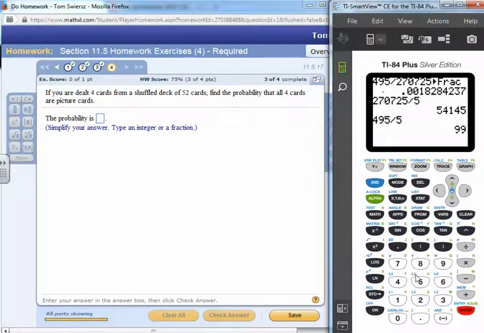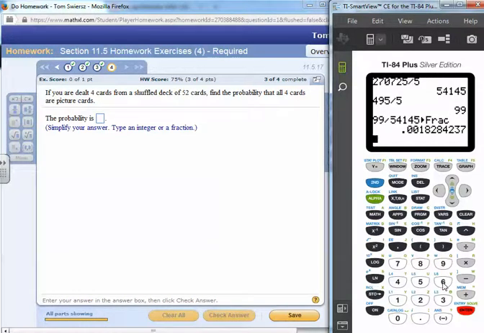All right, so now let's see if we can put it in and see if it'll recognize it. 99 divided by 54,145, math, fraction. Nah, still didn't do it.